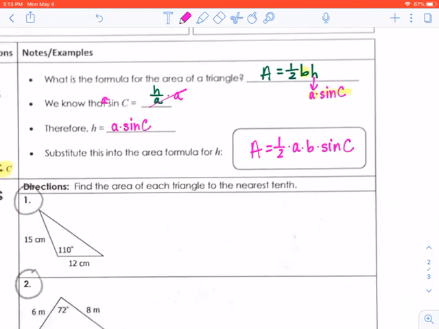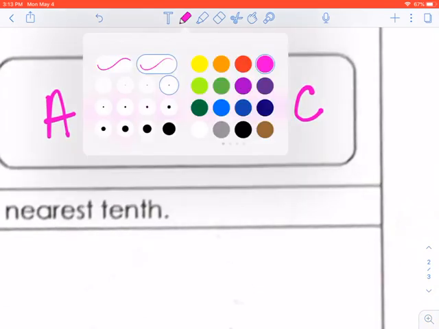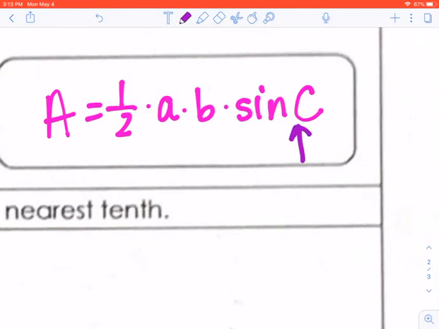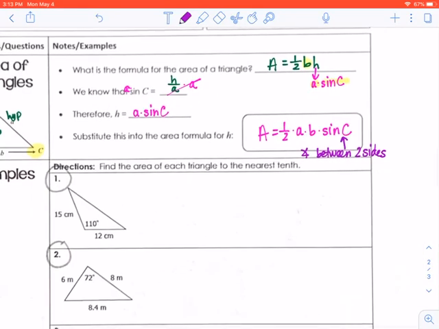Your triangles won't always tell you what A, B, and C are, okay? But this angle, C, or whatever the angle is always going to be the angle between the two sides. And I'll show you what I mean. And I'm not going to make your homework or your test problems difficult. This will always kind of be just straightforward, okay?